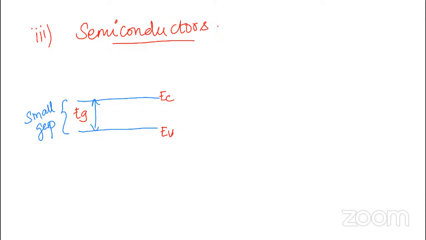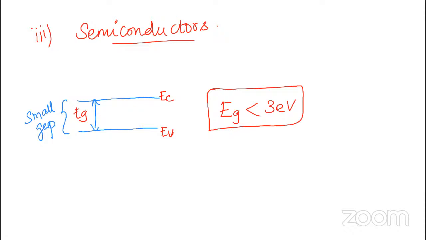Greater than 3 means it is an insulator. Here it is less than 3 electron volt. So less than 3 electron volt means it is a semiconductor. Eg is represented as the energy band gap.